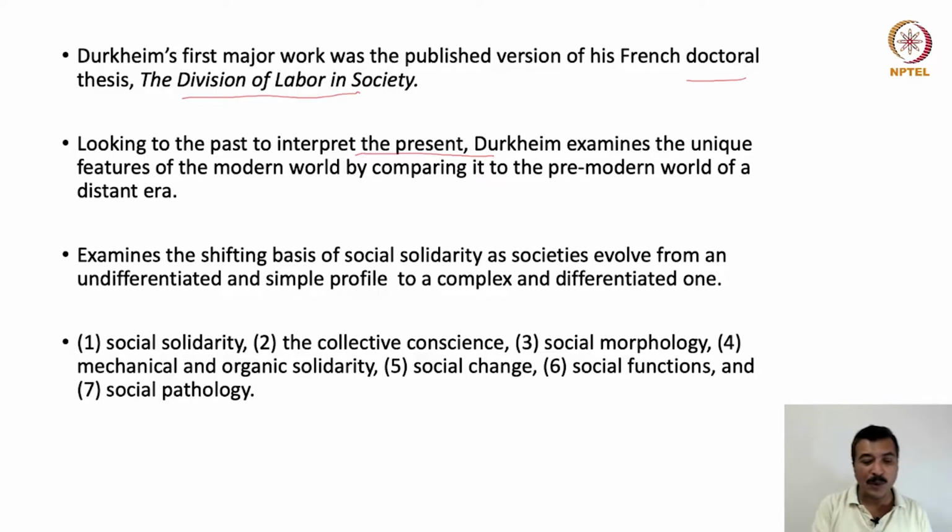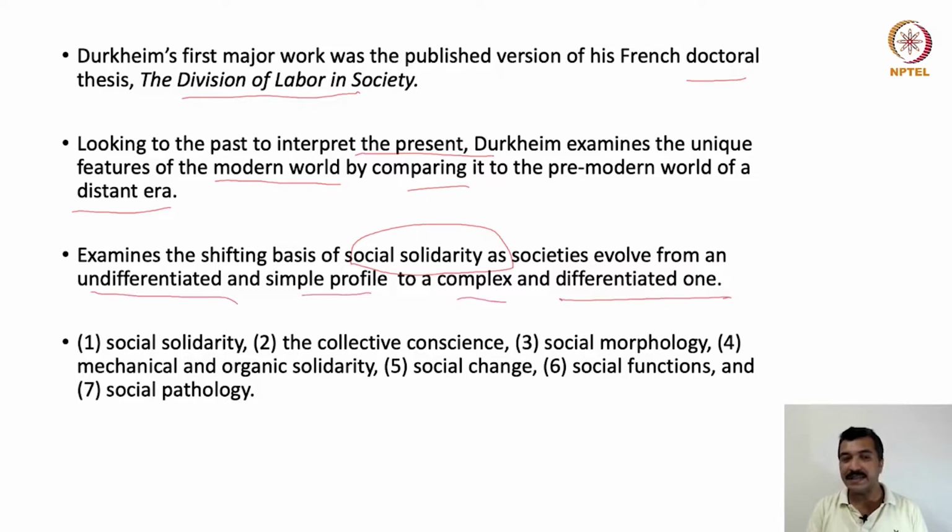Durkheim examines the unique features of the modern society by comparing it to the pre-modern world of a distant era. Then he examines the shifting basis of social solidarity as societies evolve from an undifferentiated and simple profile to a complex and differentiated one.